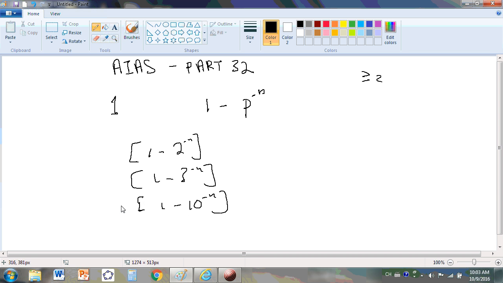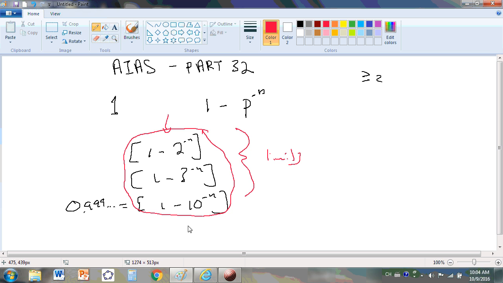And this one here is the one that you normally see as 0.999... All these here are limits. And so these are sequences which are part of an equivalence class, which is 1.